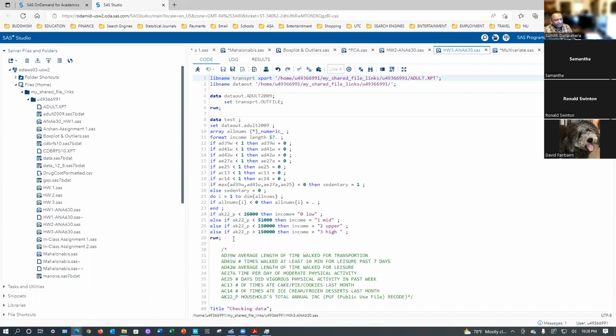These variables are related to how active they are; they are the physical activity that they have done. The average length of time walked for transportation, time walked at least 10 minutes for leisure in the past 7 days, average length of time walked for leisure, time per day of moderate physical activity, number of days of vigorous physical activity in the past week, number of times ate cake, pie, cookies last month, number of times ate ice cream, frozen desserts last month, household total annual income.